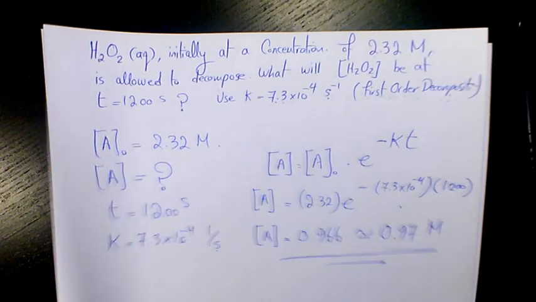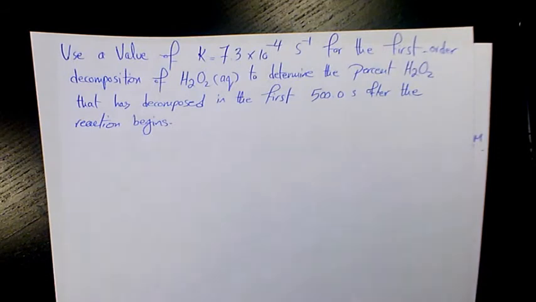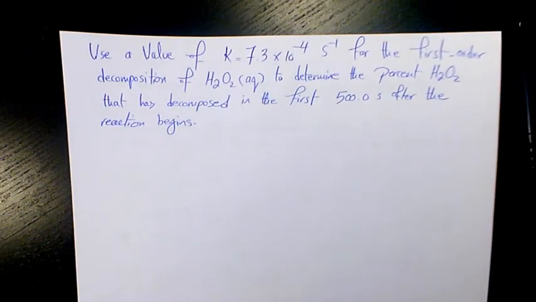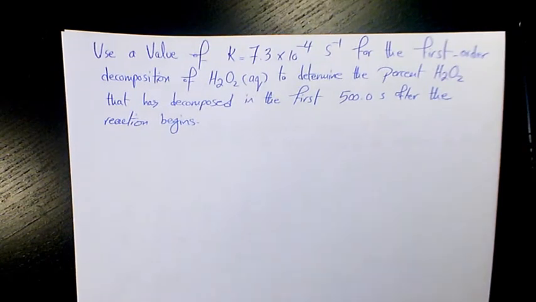Let's see another example. It says use a value of K 7.3 times 10 to the power of negative 4 per second for the first order decomposition of hydrogen peroxide aqueous solution to determine the percent H2O2 that has decomposed in the first 500 seconds after the reaction begins.